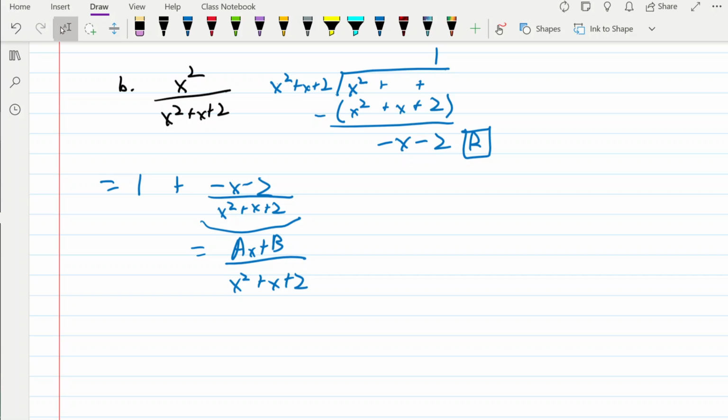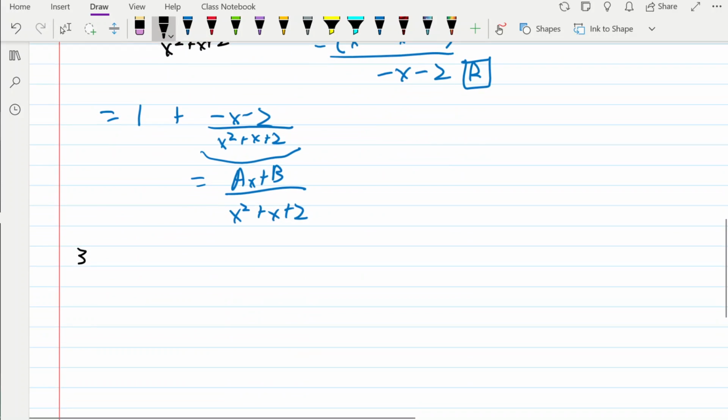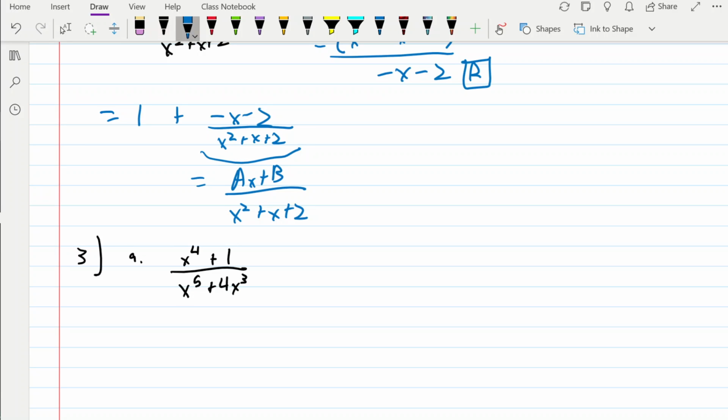Okay, we can now go on to number 3. And 3a is going to be x to the 4th power plus 1 over x to the 5th power plus 4 times x to the 3rd power. So we can first factor, so we're going to have x to the 4th plus 1 over x to the 3rd power times x squared plus 4.